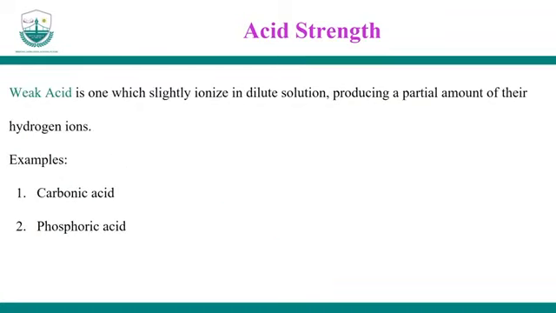Then we have those that partially ionize, which means that they do not completely ionize to give you hydrogen ions. So you have carbonic acid. To show that they partially or slightly ionize, we use these arrows.